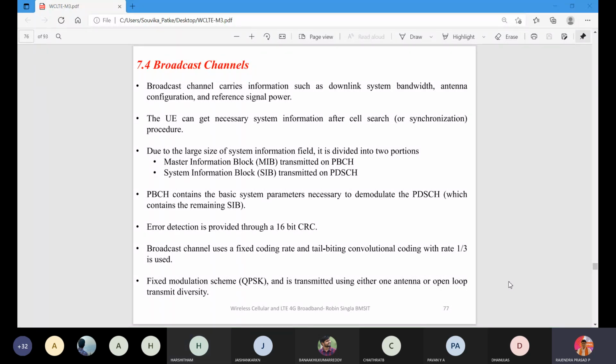To do this, again we have error check bits. Error detection is provided through a 16-bit CRC, so I will be able to know which person has unmuted in this channel. Right. The broadcast channel uses a fixed coding rate, and tail biting convolutional coding with a rate of 1/3 is used.